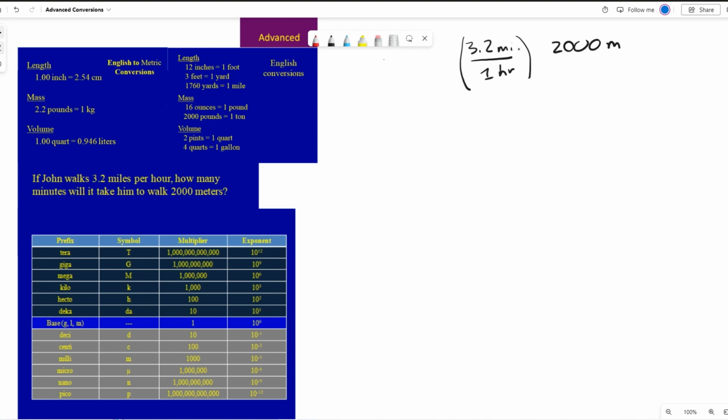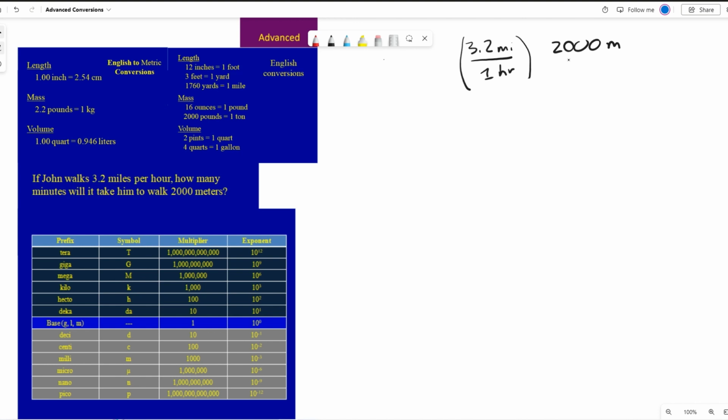So if we can convert 2,000 meters into miles, we can then have the miles and miles cancel out and we'll be left with time. So that time that we'll be left with will tell us how much time it takes him in hours to walk 2,000 meters. Then we just have to convert the hours into minutes to solve the problem.